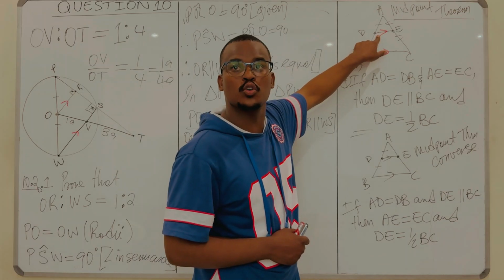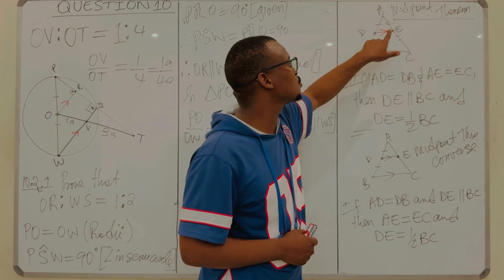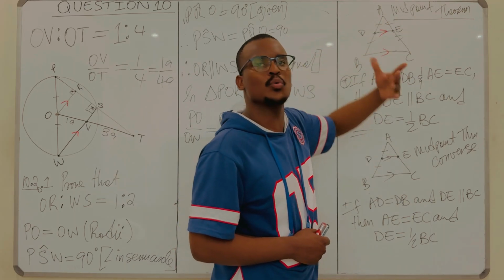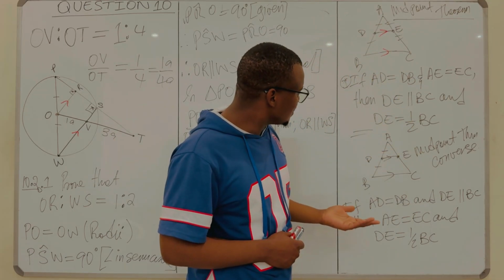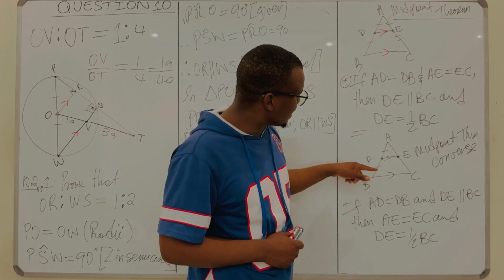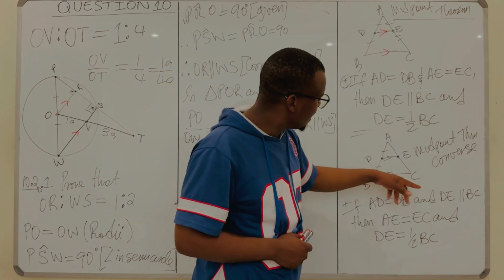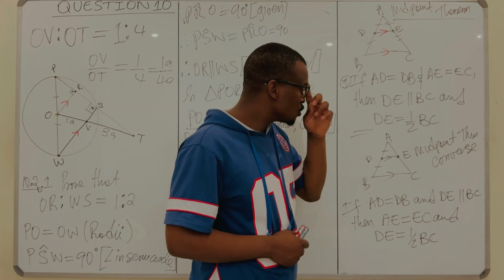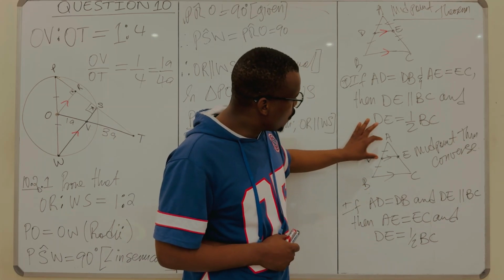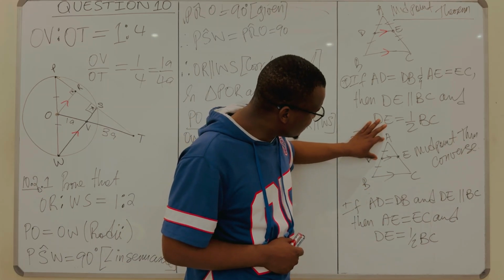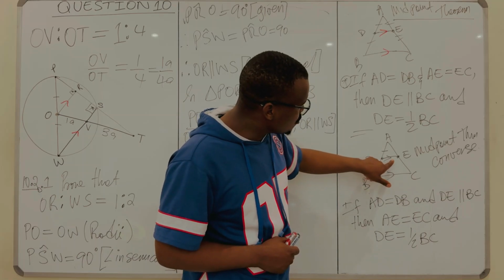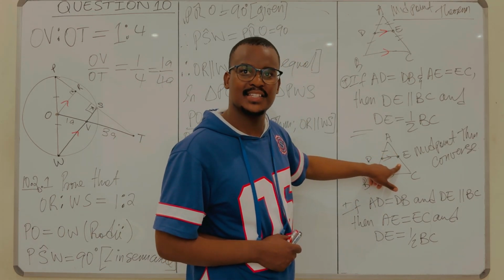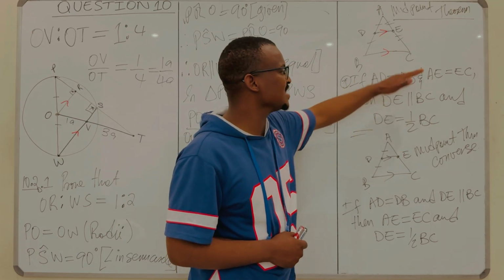So the red part is your claim, and the black thing is what you are told. Here you have a triangle ABC, and DE joins the two sides, AB and AC. If AD is equal to DB, and DE is parallel to BC, then AE will be equal to EC. So these are different.